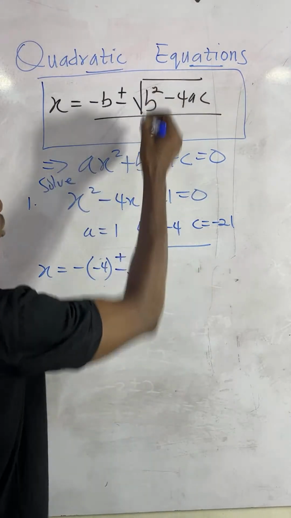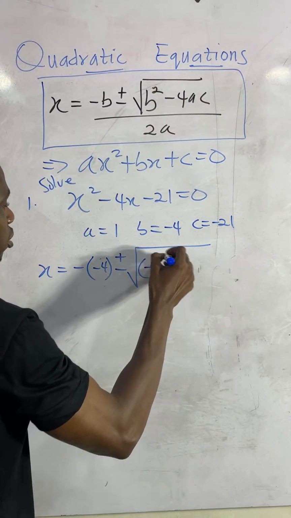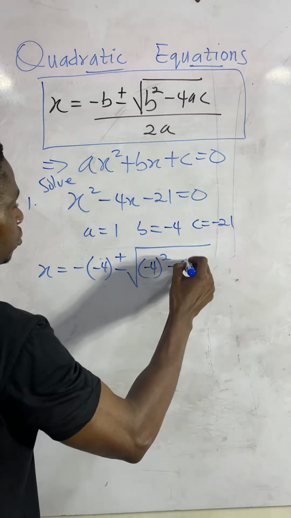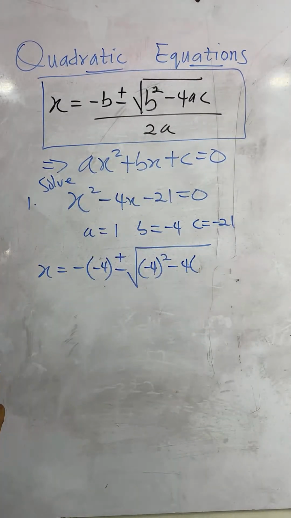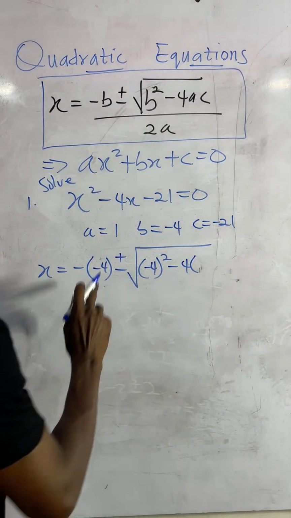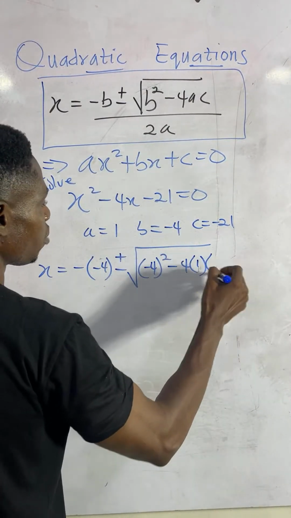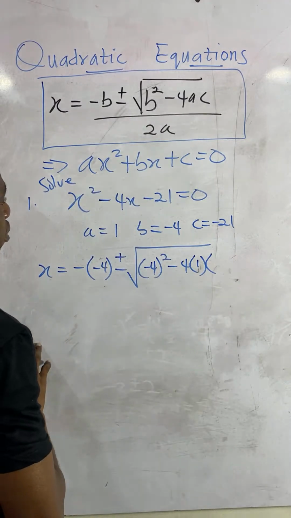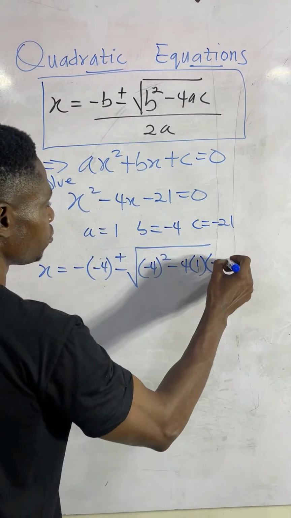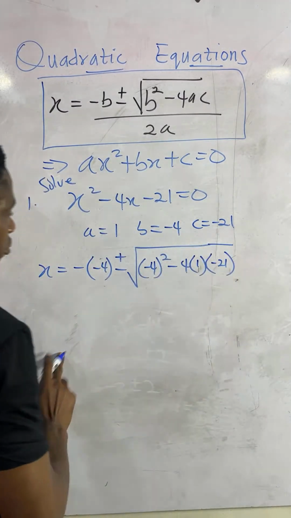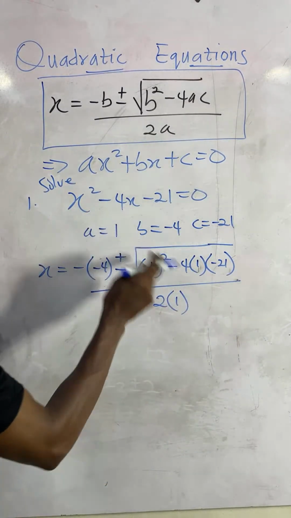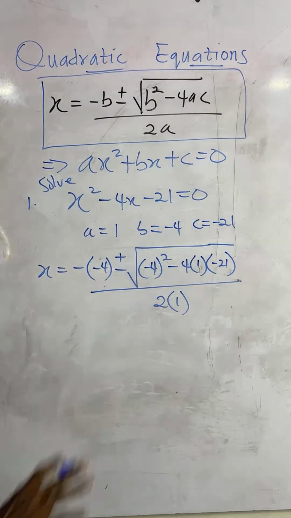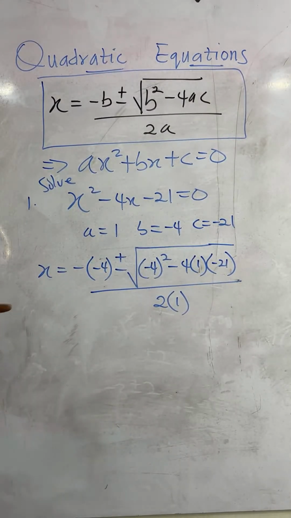So b squared, that's minus 4 squared, minus 4 multiplied by a, which is 1, multiplied by our c, which is negative 21, all over 2 multiplied by 1, which is our a. So this is pretty straightforward. I can get your answer fast.